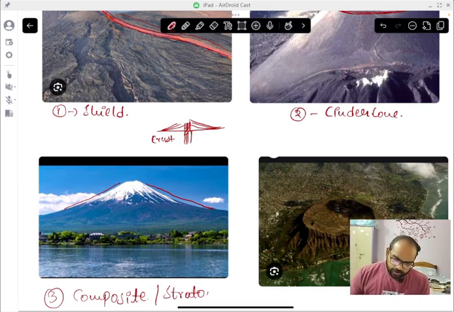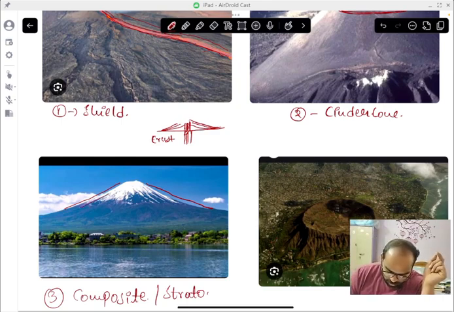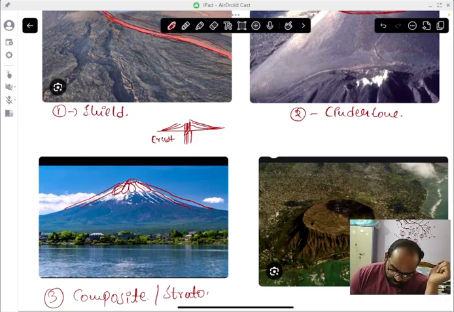Whenever the lava is acidic in nature, it travels for a very short distance and develops into this cone-shaped volcano. At the vent, this is the opening, right? At the vent, what happens? As the lava cannot travel for longer distances, it settles at the top and forms layers.